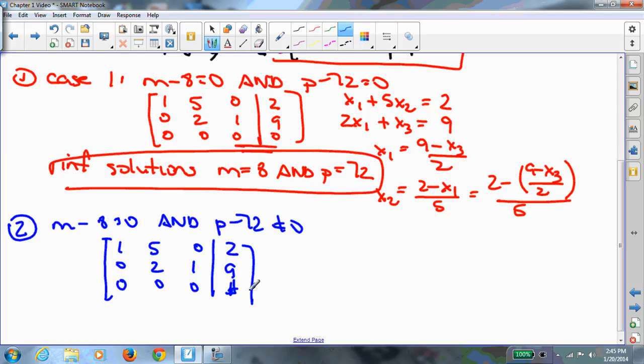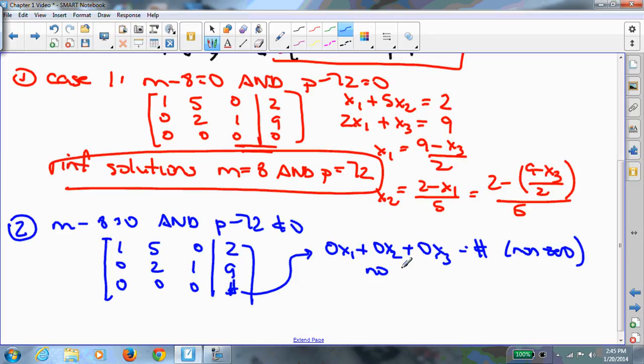But if I take that last equation and reinterpret it, I have 0x1 plus 0x2 plus 0x3 equal to some number that's non-zero. Since that's not possible, this is a situation where we would have no solution. So no solution if m equals 8 and p is not equal to 72.